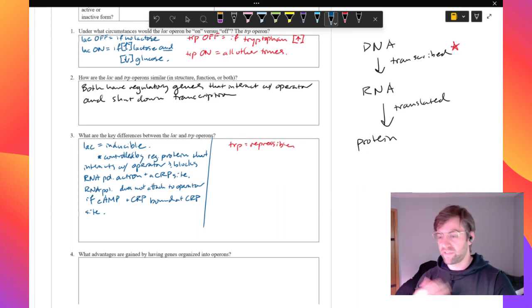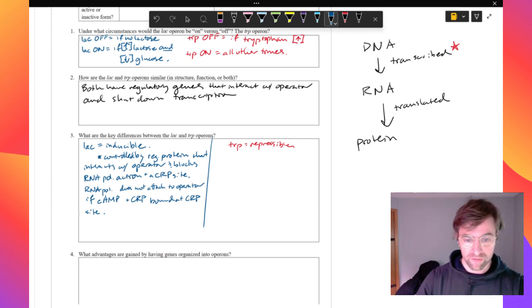Cyclic AMP is a signaling molecule. You'll remember those signal cascades when we talked about transmembrane transmission of information. It's involved in a lot of very fast cell level communication. Once attached, it enhances the interaction of RNA polymerase with the promoter region.